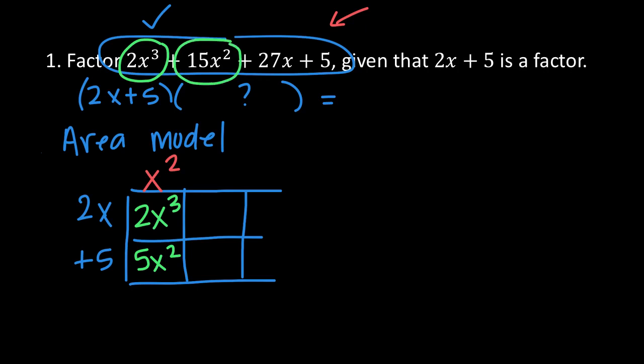Remember when I multiplied out two factors, the like terms were diagonal to each other. So these two boxes that I've just circled need to add up to 15x squared. I have 5x squared so far. I need to figure out what goes here to add to 5x squared to get 15x squared. And that would be 10x squared.